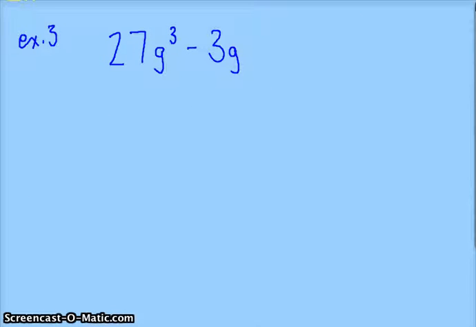Maybe we can't do anything. But remember that we can factor some things. We can break this up. This is 3 times 9, and 9 is 3 times 3. Remember, g cubed is g times g times g. And this is 3g.